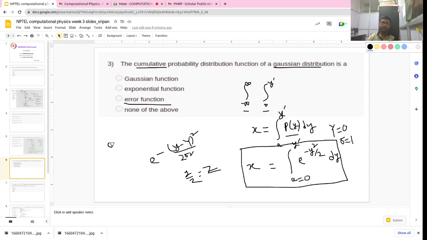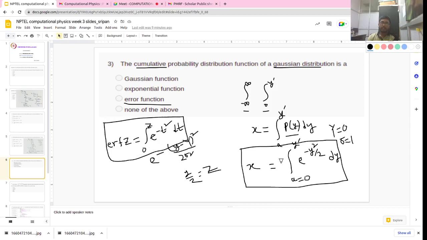So the error function, erf of z, will be defined as the integral from 0 to z of exponential minus t square dt. This is the definition of the error function.